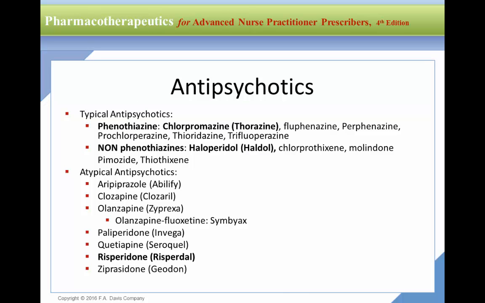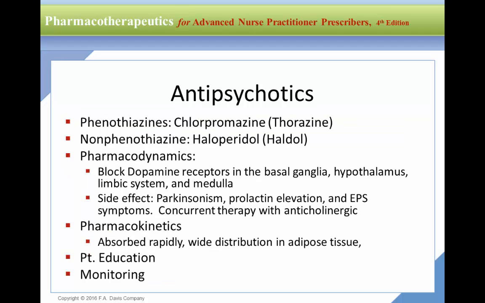Now, the typical antipsychotics that we already mentioned in class, there are Thorazine, your prototype, and non-phenothiazine, which is Haldol, your prototype as well. And the atypical antipsychotics, even though there are many, Risperdal will be your prototype. So basically, all of them block dopamine receptors at the level of the basal ganglia and more.